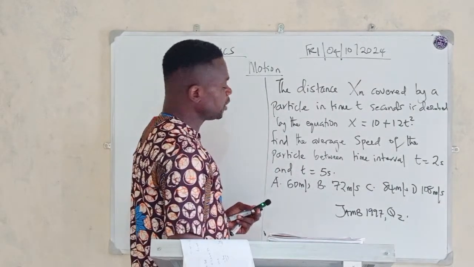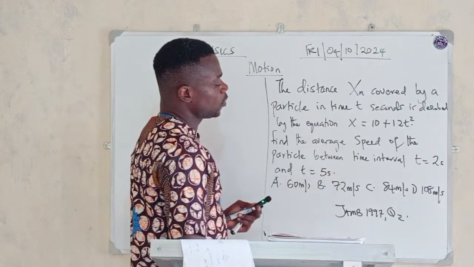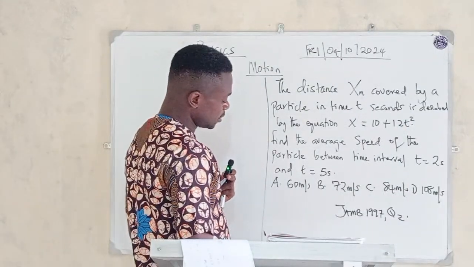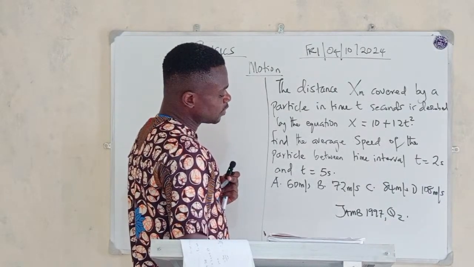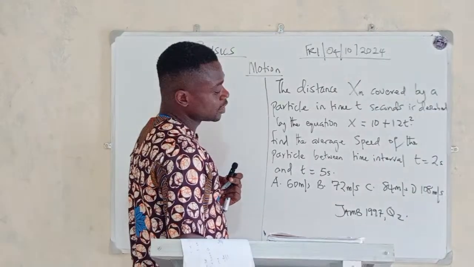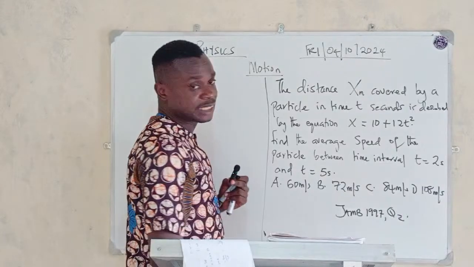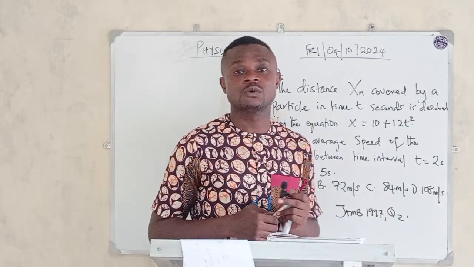Find the average speed of the particle between time interval t equal to 2 seconds and t equal to 5 seconds. Option A 60 meter per second. Option B 72 meter per second. C 84 meter per second. D 180 meter per second. JAM 1997 question 2.